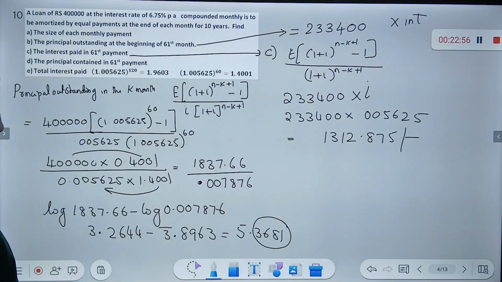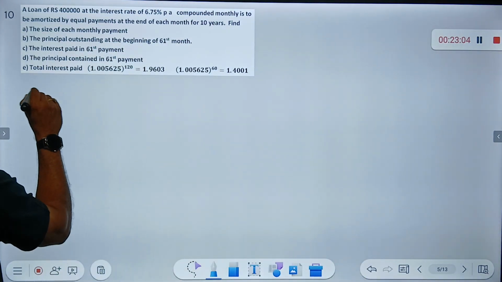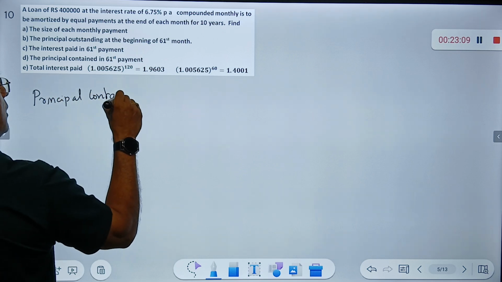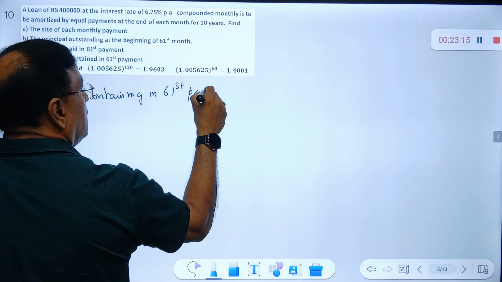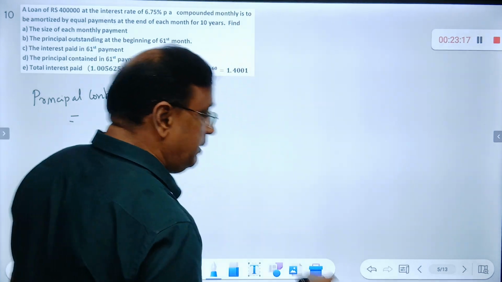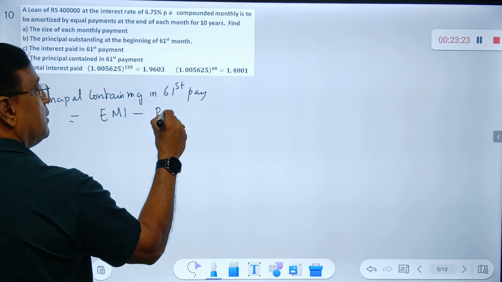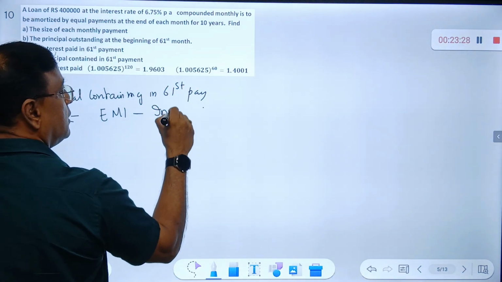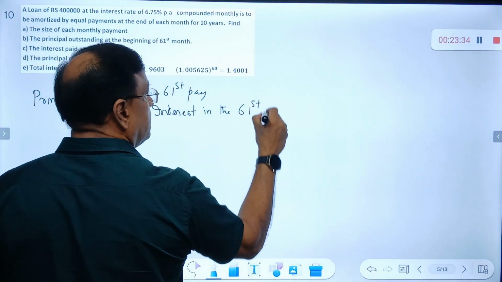Now what is the principal contained in the 61st month? I'll go to the next subdivision, the fourth subdivision. Principal contained in the 61st payment is EMI minus interest in the 61st period.